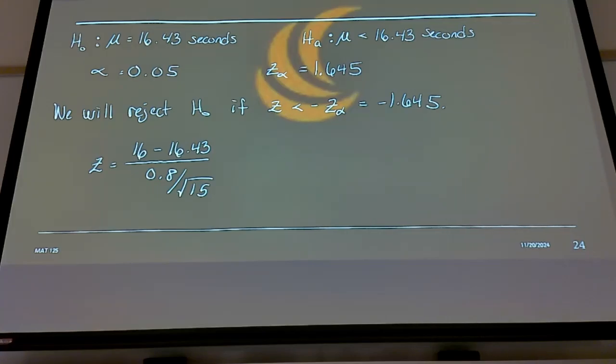Because remember, since it's x bar, you're looking for the mean of the mean distribution and the standard deviation of the mean distribution.